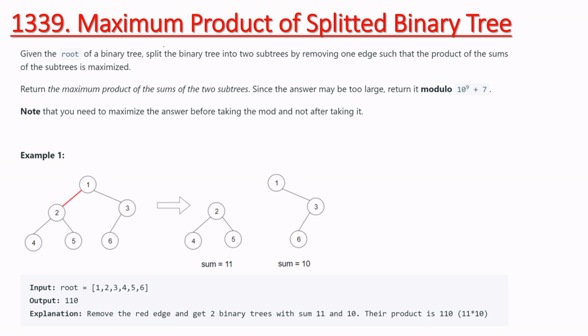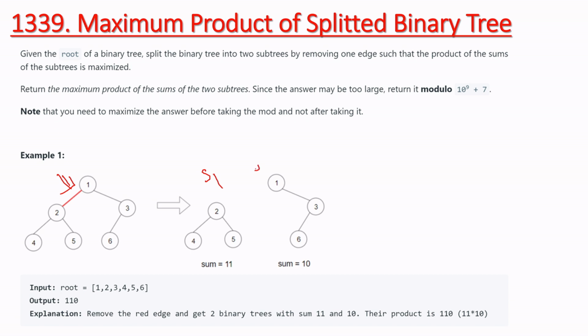So this is part 2 of this problem, the maximum product of split binary tree. We have already discussed the example in the other video, part 1, in which we have a binary tree, and we have to split it from any position and make two subtrees, subtree 1 and subtree 2.